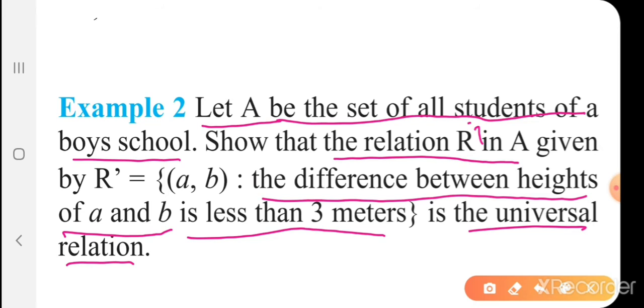Here we discuss the difference of the height of two students of the school, such that the difference is less than 3 meters. It is not possible in any case for the difference between two students to be more than 3 meters.